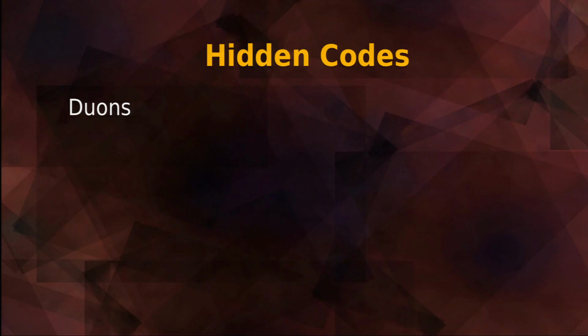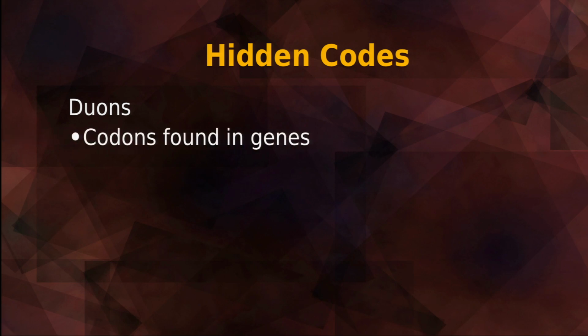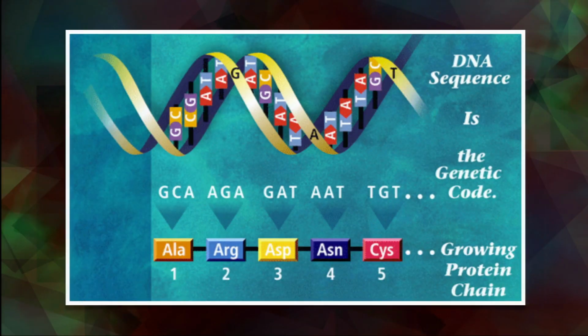So the first one we're going to talk about is something called duons. Now, duons are codons found in genes. Now, let me explain what a codon is. In your DNA, in the part that codes for protein, the genes essentially are composed of three-letter words. Those three-letter words are called codons because each codon codes for a particular amino acid in the final protein.